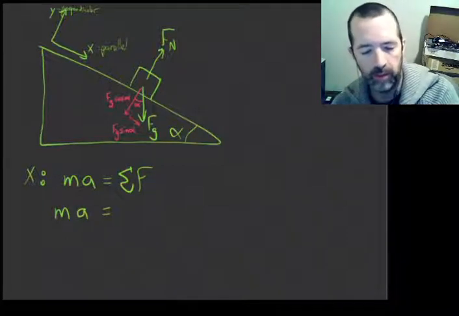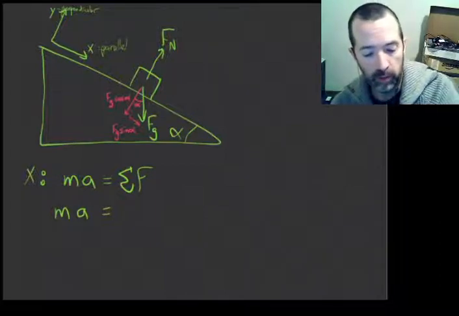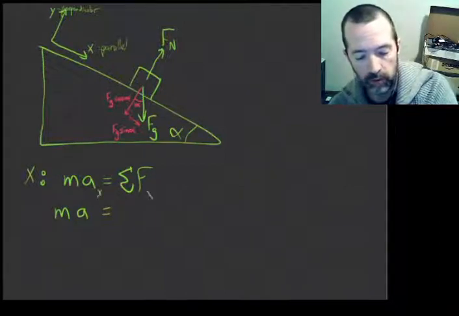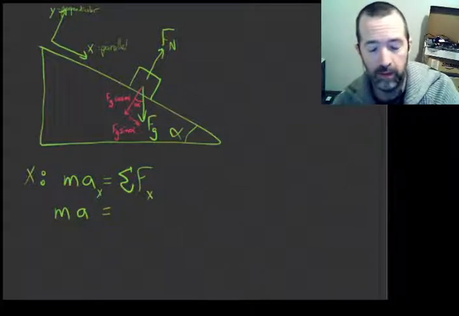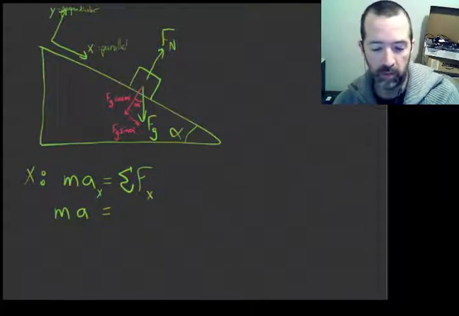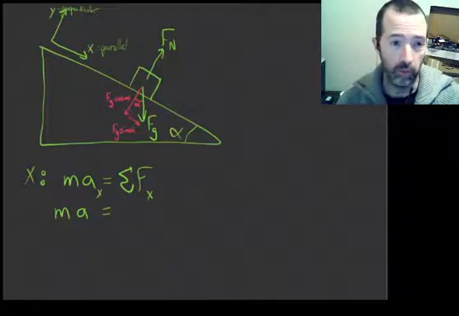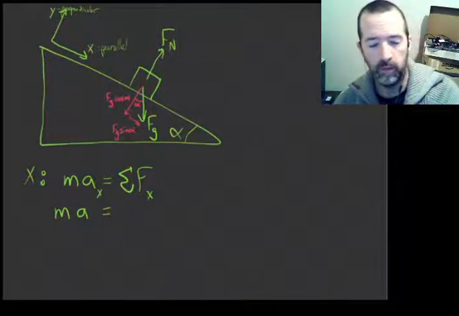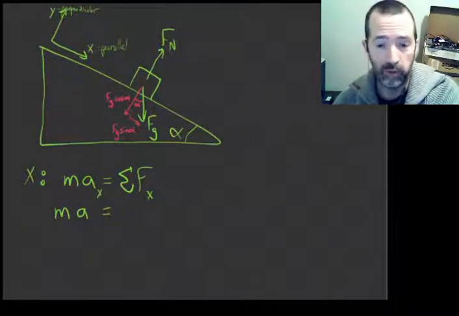But if I think about the sigma F, and remember I am doing the x direction specifically, so what I'm supposed to put in my sum is the x components of every force. Well, there's only two forces in the problem.